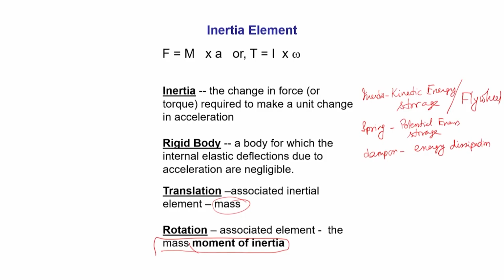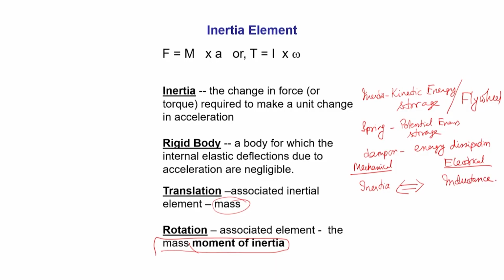Very interestingly, one more thing: each one of them has an equivalent in an electrical element also. This is a mechanical system for us, and let us say I have an electrical system. Then inertia is equivalent to inductance.